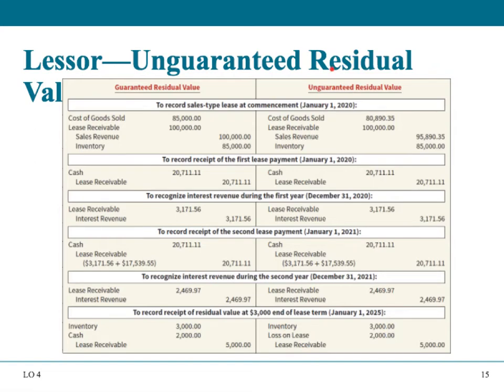But if you look under the unguaranteed residual value, you can see that your lease receivable doesn't match sales revenue. Okay, so the journal entry that you used to do for the sales, for the perpetual inventory system, it's two steps, one for the sales and receivable, and then another one for the inventory and cost of goods sold.